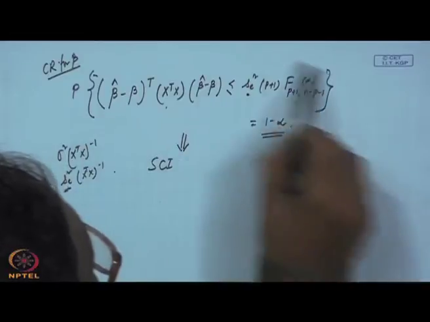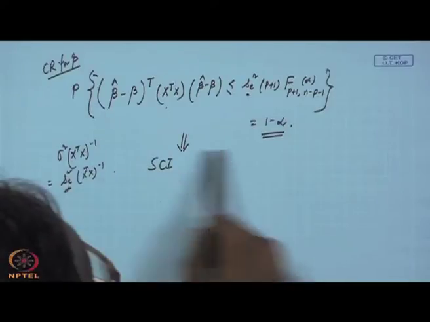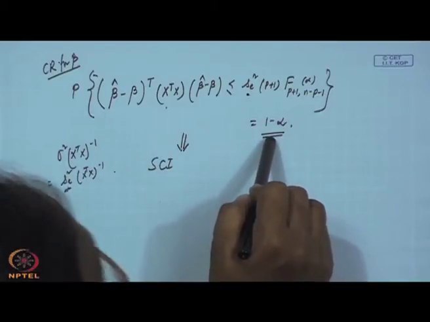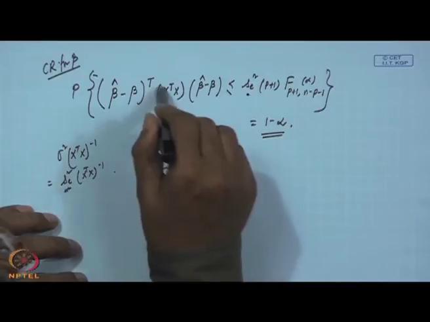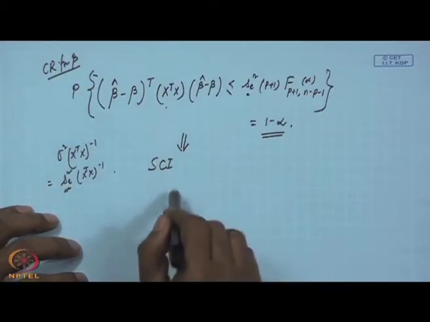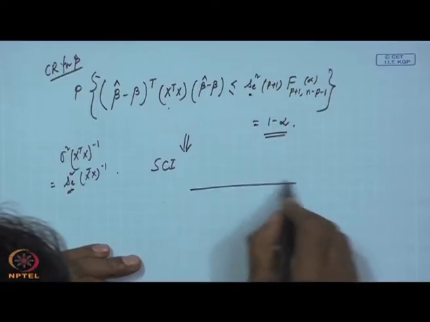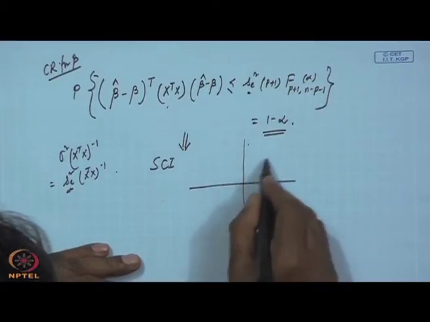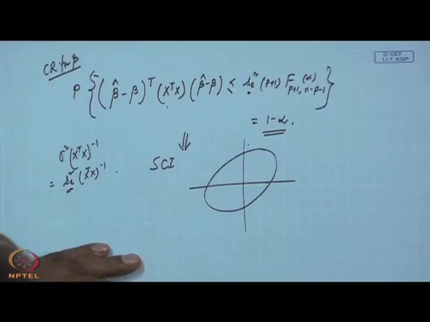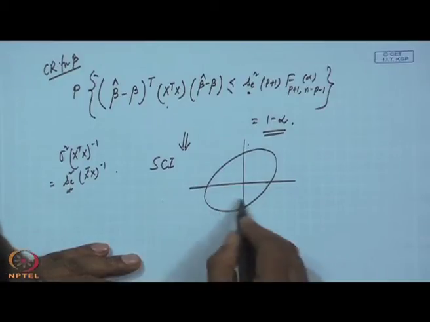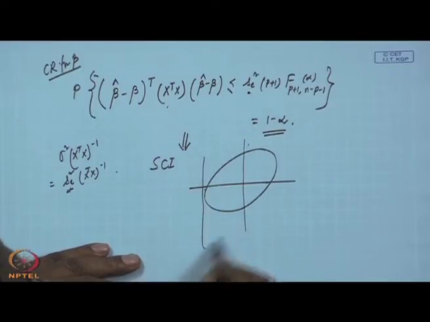So, this is the formulation which can be used. Then from the confidence region we have gone to simultaneous confidence intervals. For the two-variable case, when multivariate normality holds, you get a confidence ellipse. From this ellipse you want to go to the sides.